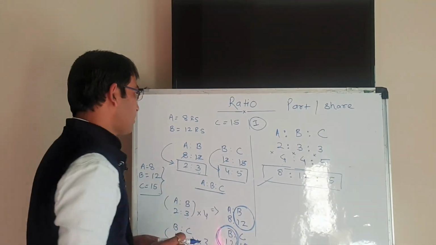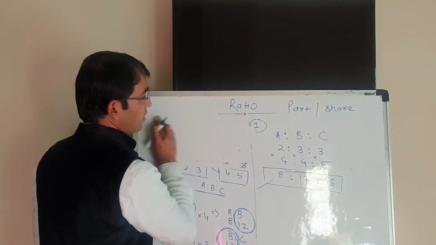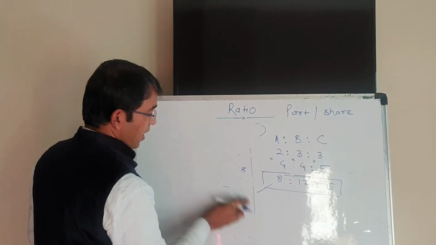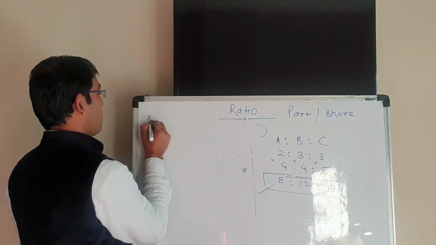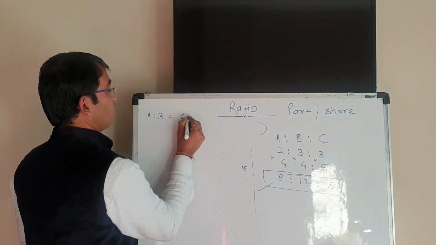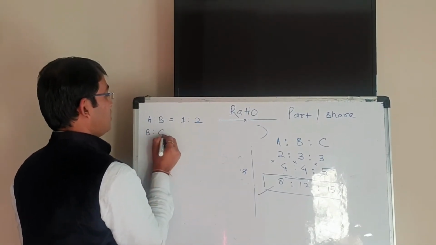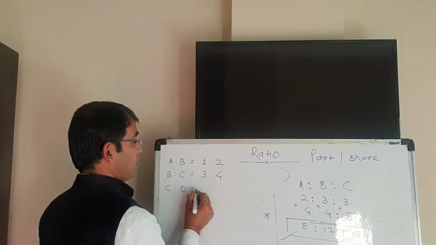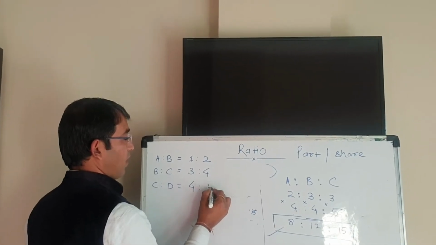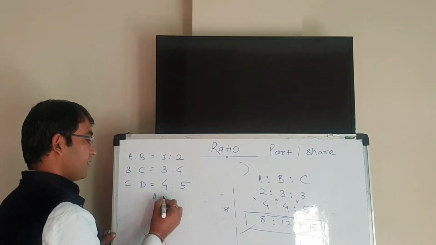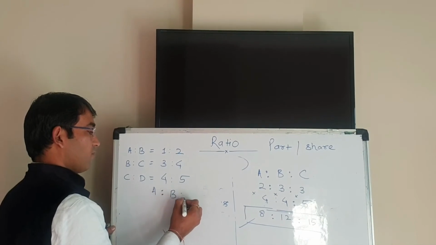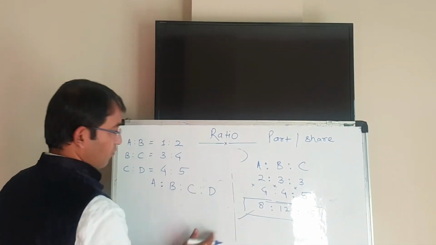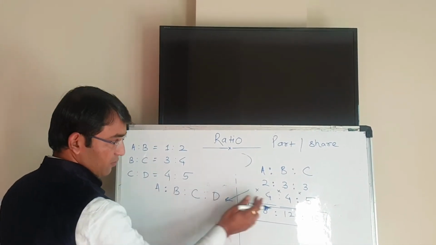Now have a look at another method. We take another example. Suppose we have A ratio B is 1:2, B ratio C is 3:4 and C ratio D is 4:5, and we have to calculate the ratio of A, B, C and D. So we will take the easier method.